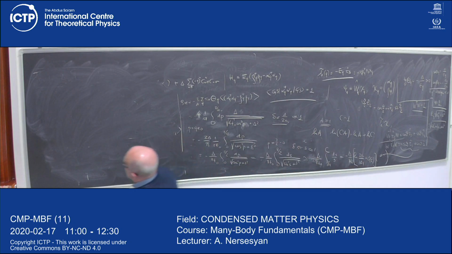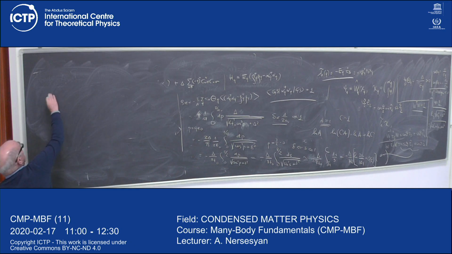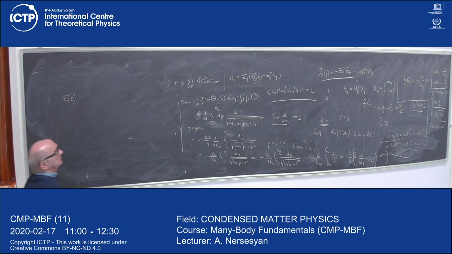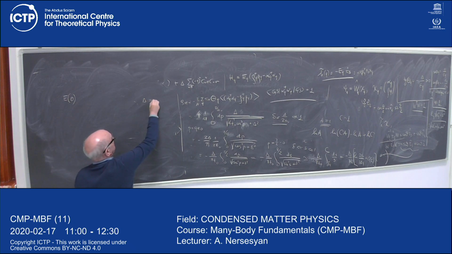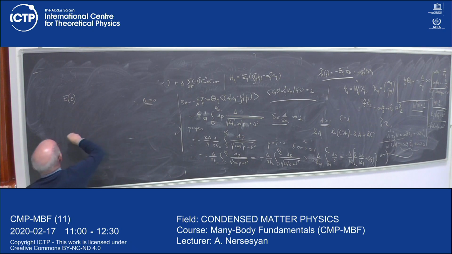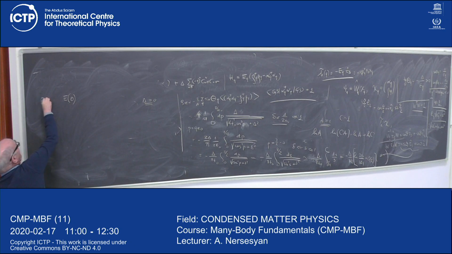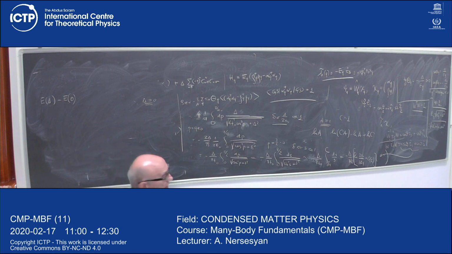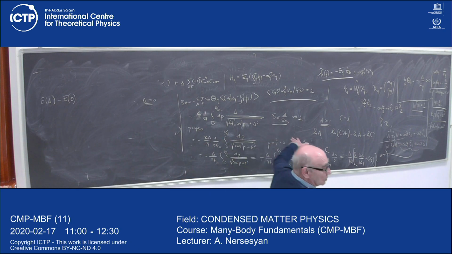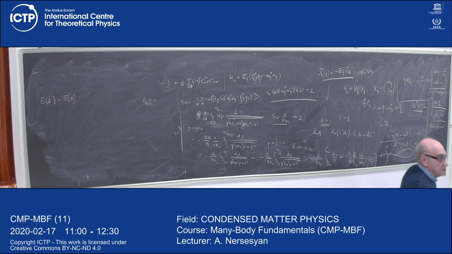I know how to calculate the energy of the half-filled metal. The energy is at delta equal to 0. But I also would like to know how the energy of an insulator looks like as a function of delta. How the energy of this very model looks like when delta is not 0.